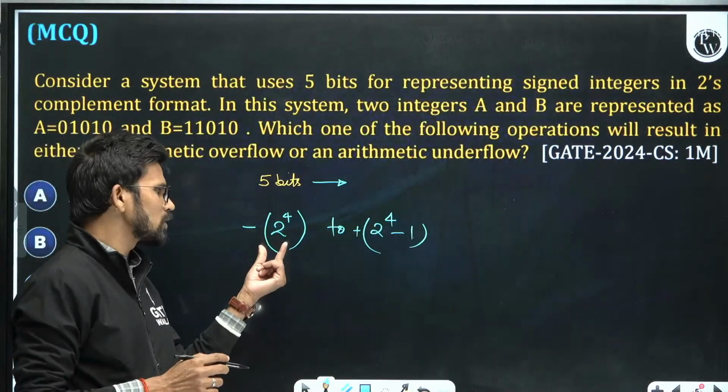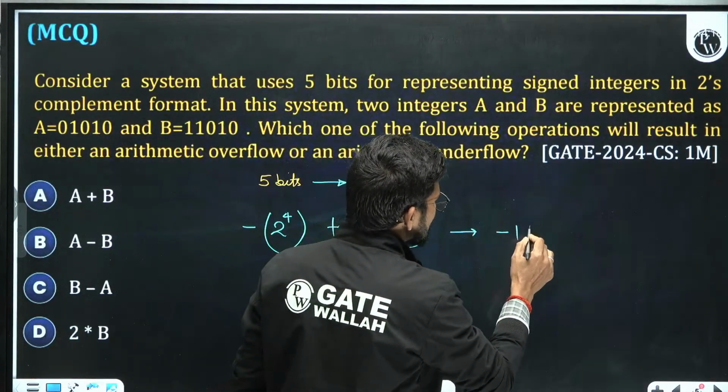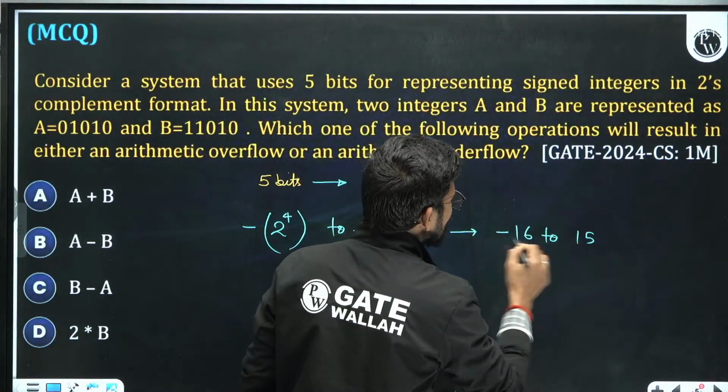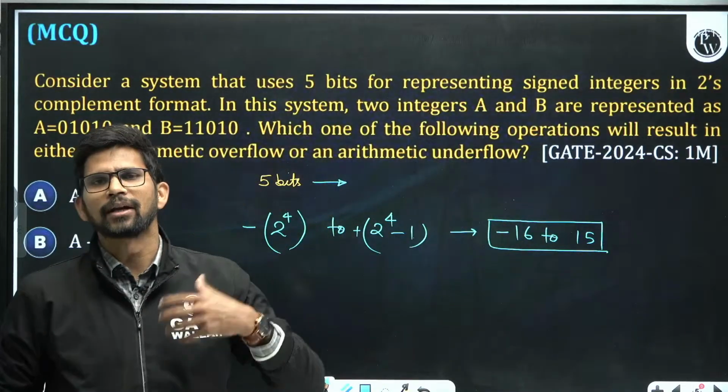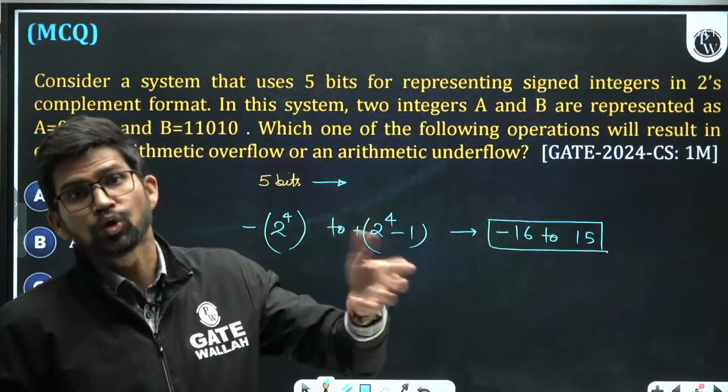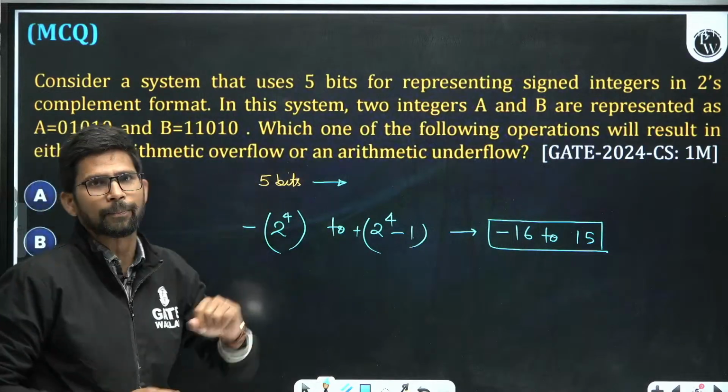The lowest value is minus 16 and the highest is plus 15. Only in this range you can represent the integers using 5-bit 2's complement representation.